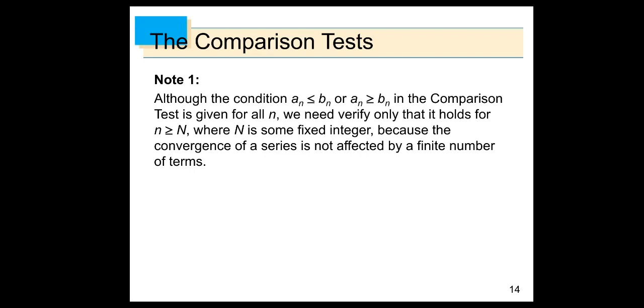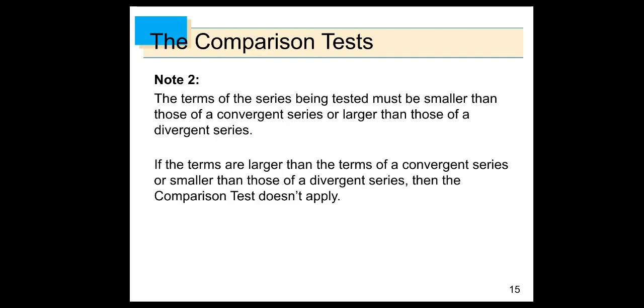Here is note 2, which says the terms of the series being tested must be smaller than those of a convergent series or larger than those of a divergent series.